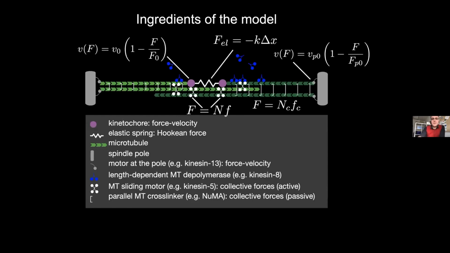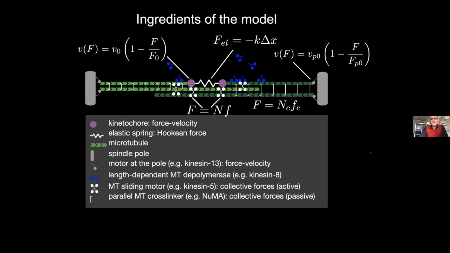I wanted to emphasize that there is a collective behavior of the cross-linking proteins, which is described here by this simple relationship, and there is also some force exerted by these passive elements, which is again described by this equation that tells us how the force of multiple passive cross-linkers behaves.